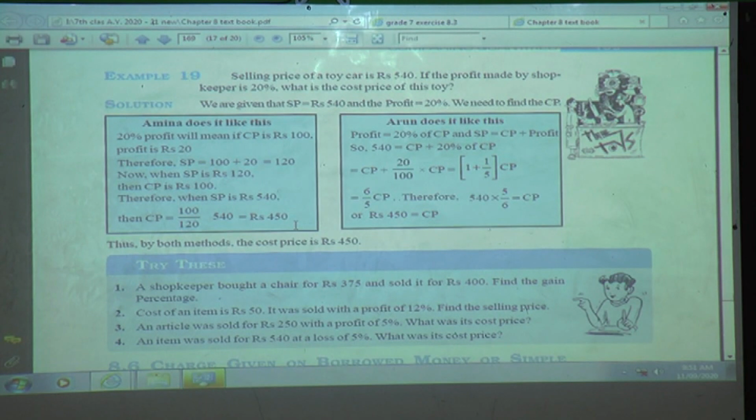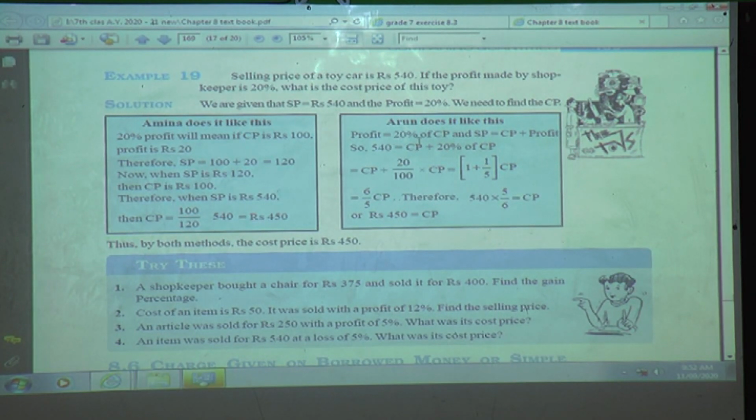We get the cost price as 450 when he has sold this toy car at rupees 540, making a 20% profit. So these were the steps which Amina followed to find the cost price of the toy car.